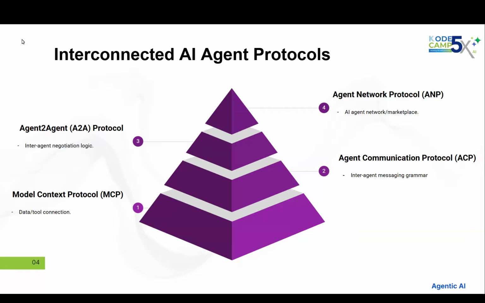Then there is the Agent-to-Agent protocol, A2A, which handles inter-agent negotiation logic. And the final one will be the Agent Network Protocol, ANP, which provides an AI agent marketplace or network, whichever one calls it.